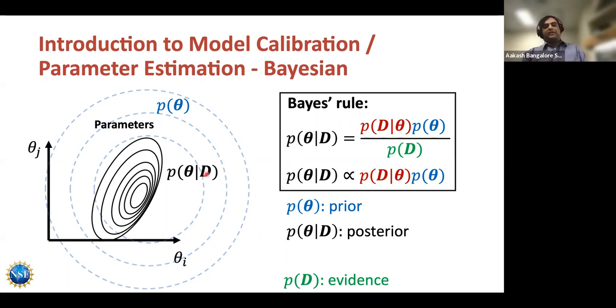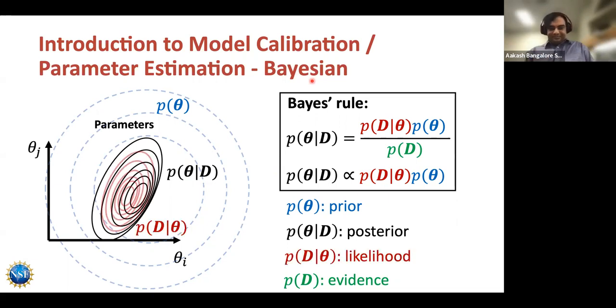If we have a lot of data, we can be quite confident in our estimate of the parameter values, and the resulting posterior would be very narrow compared to the prior. But if we don't have a lot of data, then we might still have a high level of uncertainty about what the parameter values could be even after having data. But essentially, this is the target of our Bayesian parameter estimation exercise.